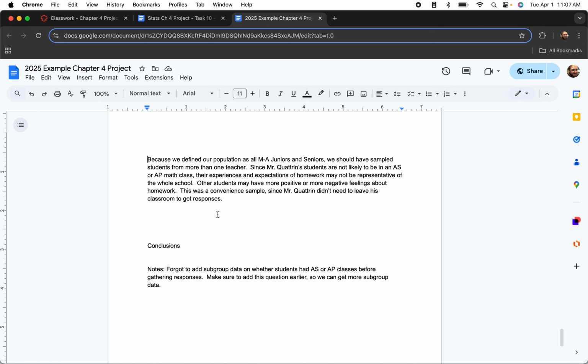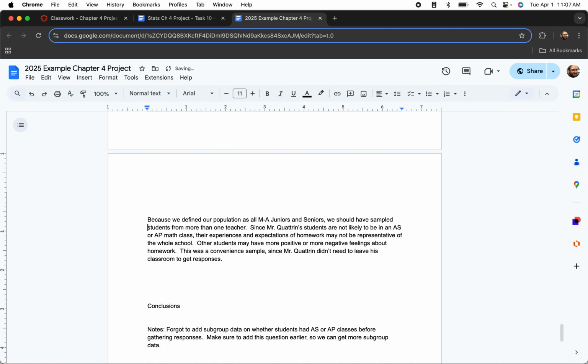Okay, so let's make this look like our sentence stems. In our sampling exercise, we made the error of taking a convenience sample.